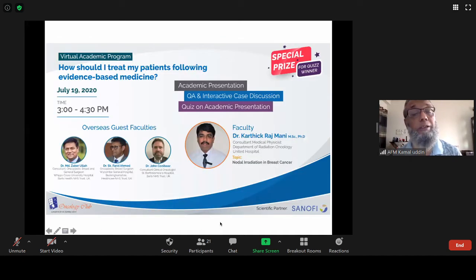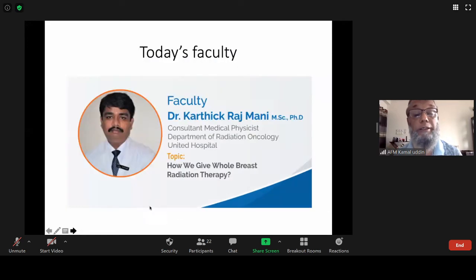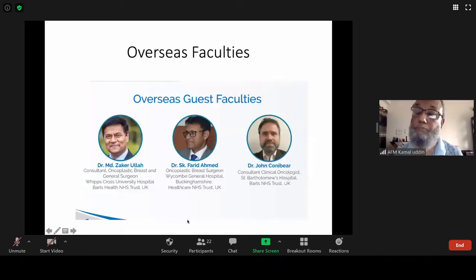So today our session, How Should I Treat My Patients Following Evidence-Based Medicine, is on nodal irradiation in breast cancer. And our faculty is Dr. Karthick Raj Mani, who is the consultant medical physicist in the Department of Radiation of the United Hospital. And he will talk about the nodal irradiation of breast cancer.